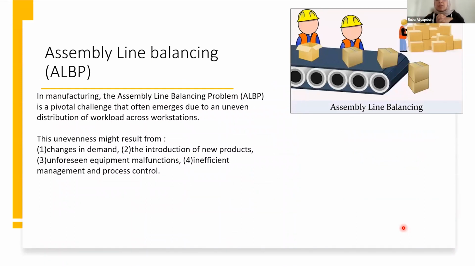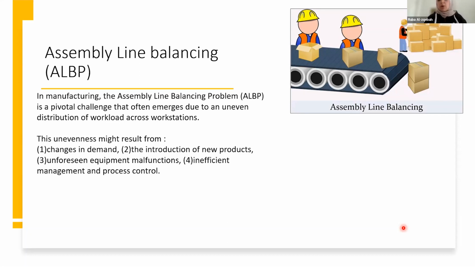So in assembly line balancing, where's the problem? What do we mean by assembly line balancing? It means you have to distribute the tasks between workers in an even way.